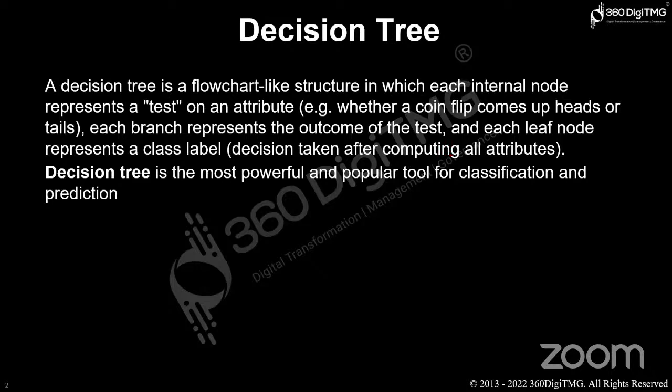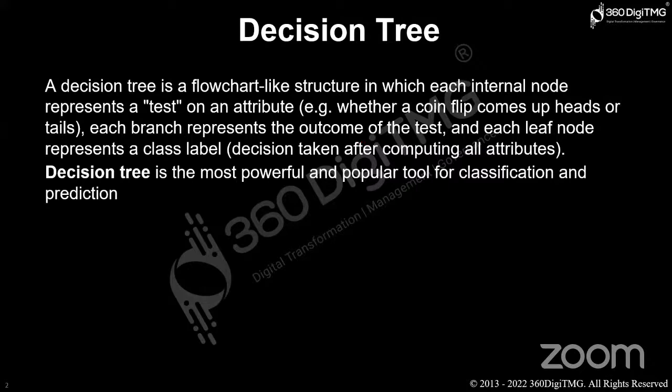Now, decision trees classify examples by sorting them down the tree, from the root to a leaf or terminal node, with the leaf providing the classification of your example.